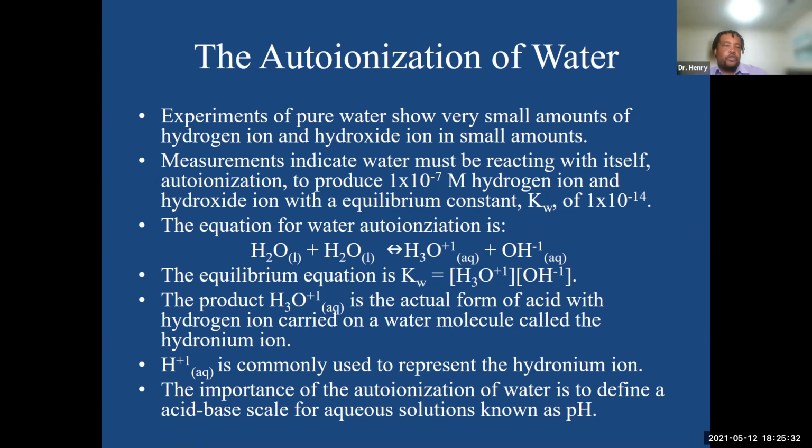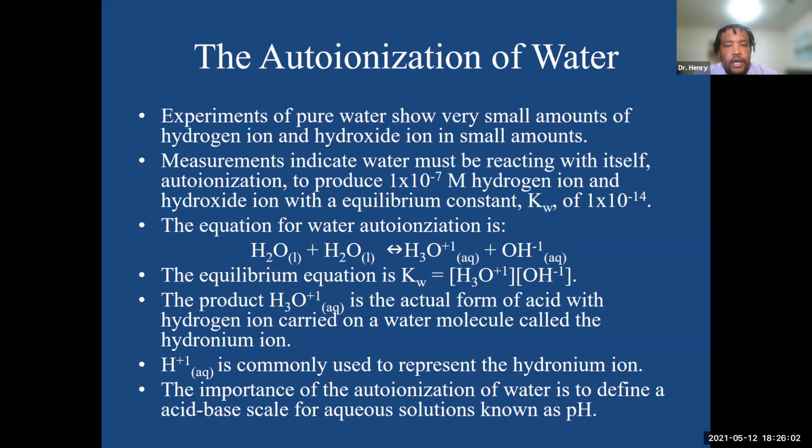Autoionization of water. So basically, when you have water in a glass or anything like that, it auto-ionizes. What that means is that you're going to have small amounts of the hydrogen ion as well as the hydroxide ion. And it's always going to be the same because water gets into equilibrium with itself.